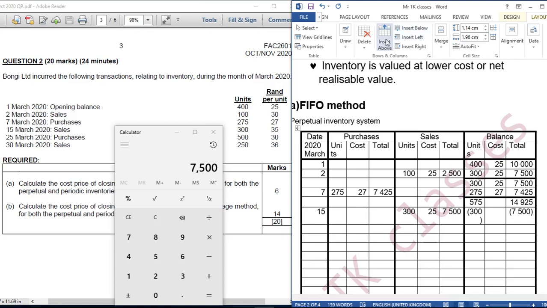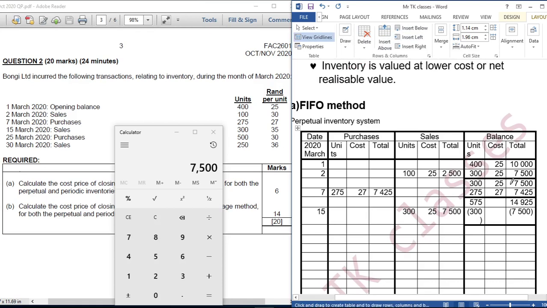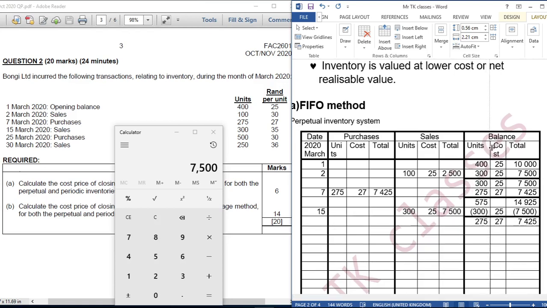Okay. So now we need to get our new total. Remember, we just removed this batch, the one of 25. So we are left with this one. So we don't need to calculate anything here. We're just gonna say this is the batch that we are left with. 7,425.